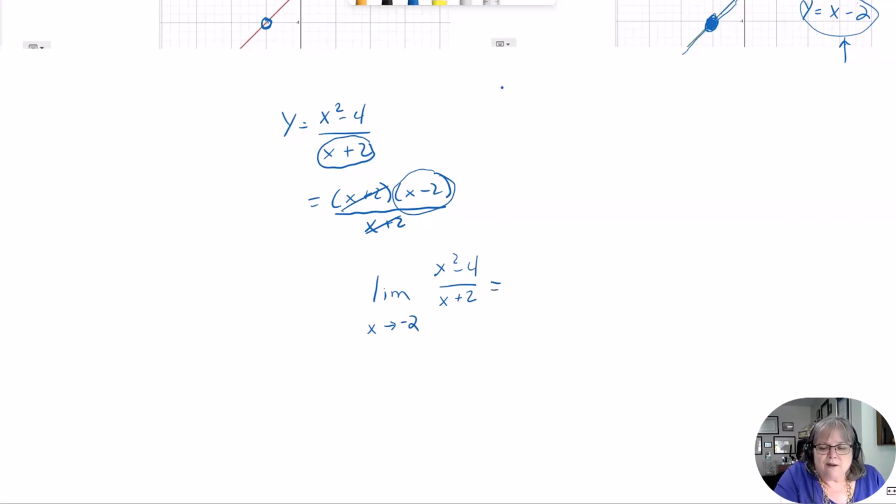So our first technique, first tool, is maybe I can factor it and remove the discontinuity. So you would say, oh, x squared minus 4 factors down to x plus 2, x minus 2. Because we have not substituted in the minus 2 yet, you must keep writing limit and what it's approaching.